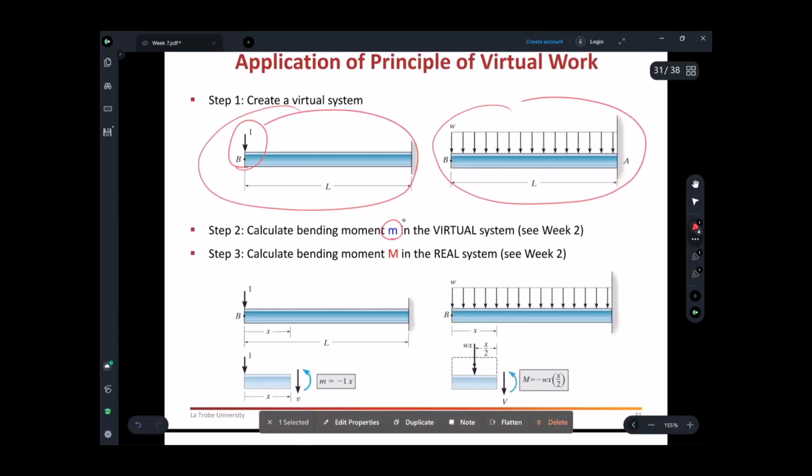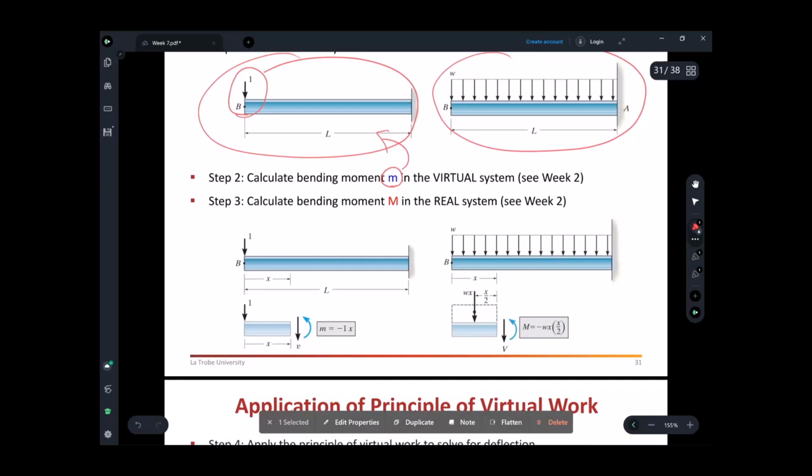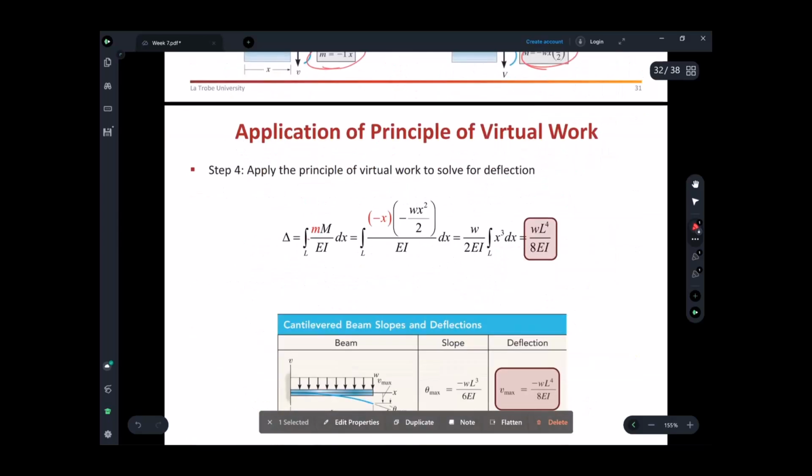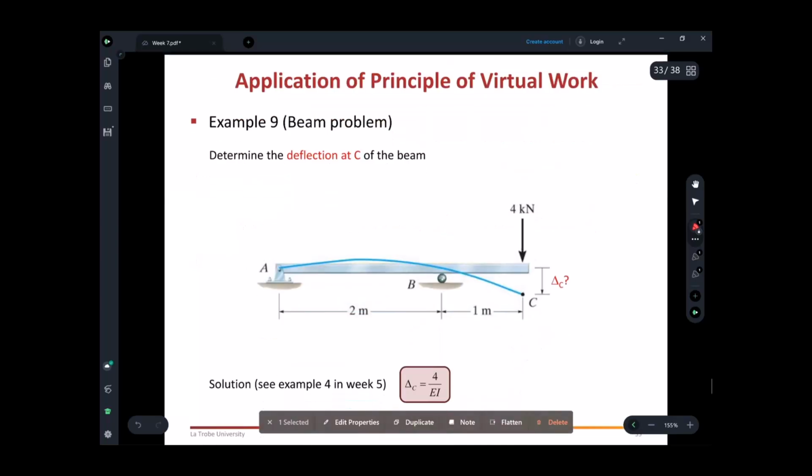For the virtual system where you want to find the displacements, you put the unit load, you put small m, and then you find these small m values. And for the real system, same directions, x distance would be same, and you find this capital M. Once you find this small m and capital M, you substitute the values into the integration, and it will give you the displacement at the point. So it's simple, same thing.